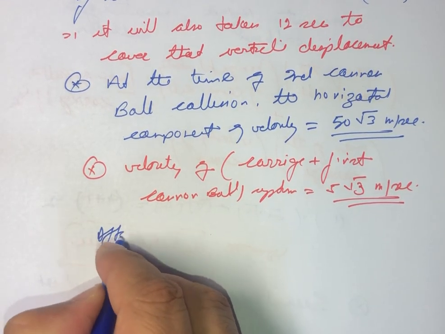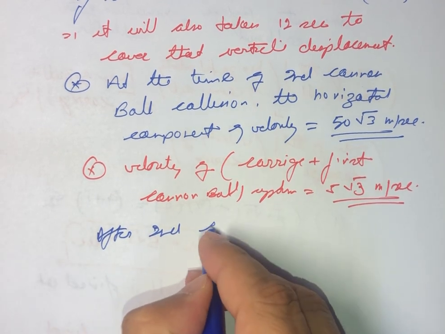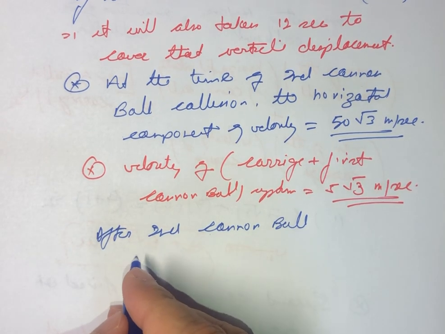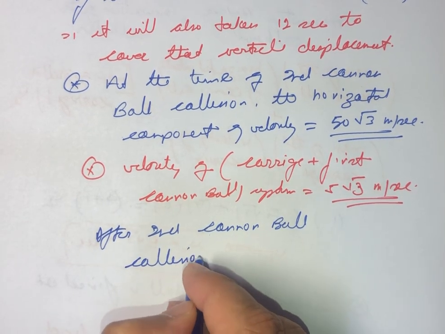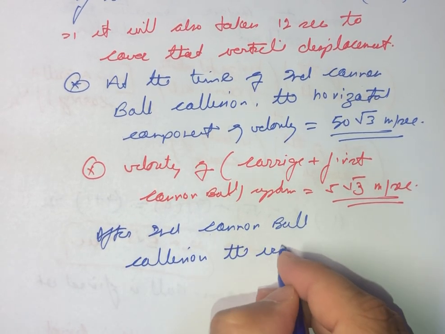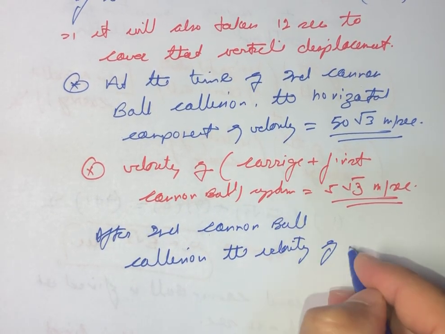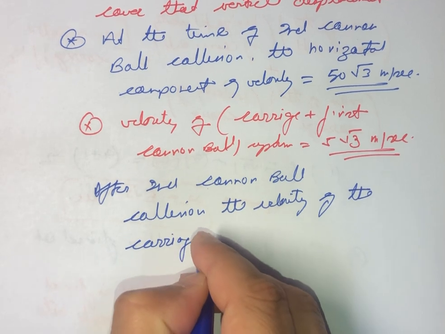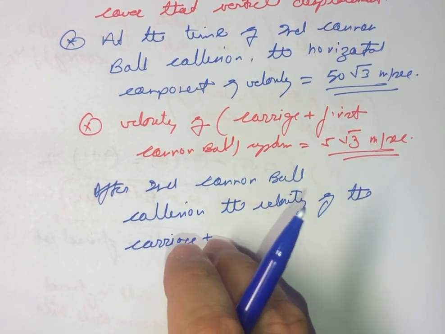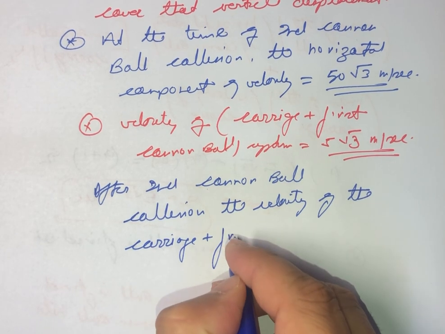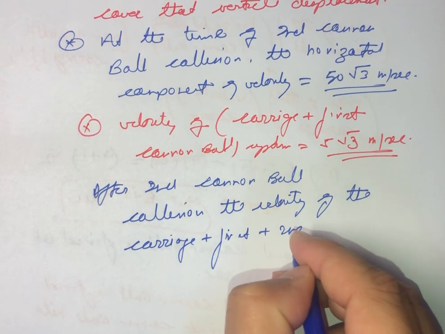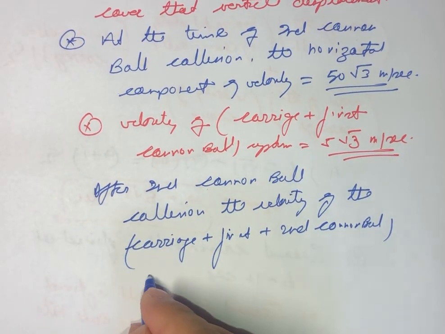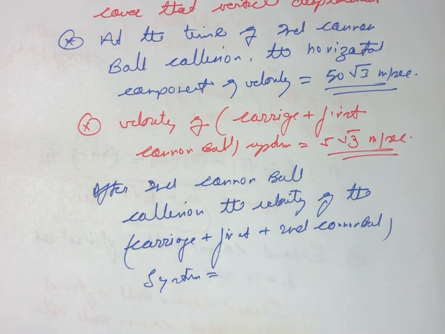After the second cannonball collision, the velocity of the carriage plus, now it will be both first as well as second cannonball, first plus second cannonball system is equal to Vf.